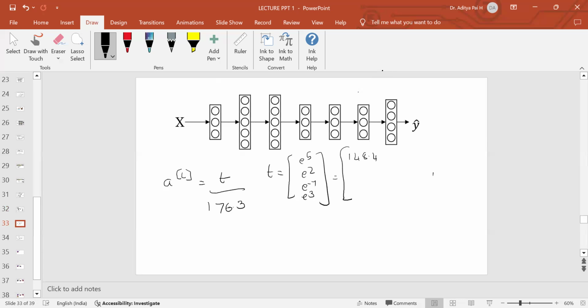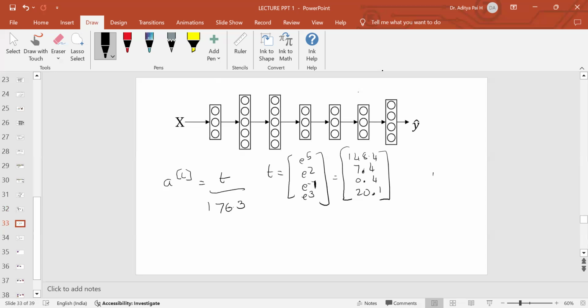This is equal to 148.4, 7.4, 0.4, and 20.1. This is each value: e power 5 is 148.4, e power 2 is 7.4, e power minus 1 is 0.4, and e power 3 is 20.1.